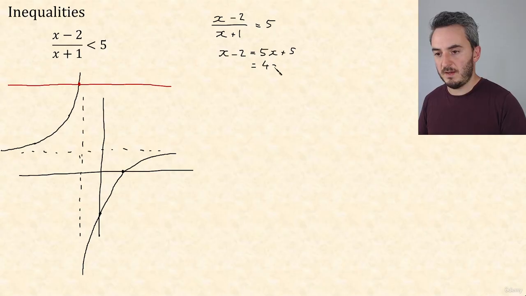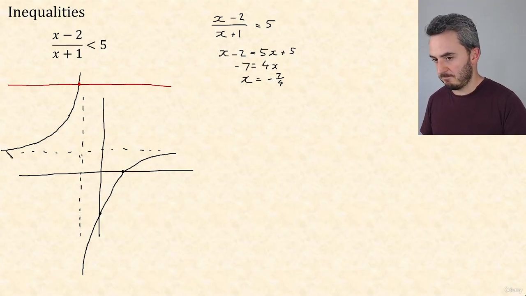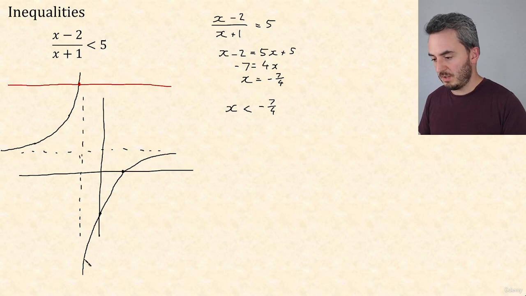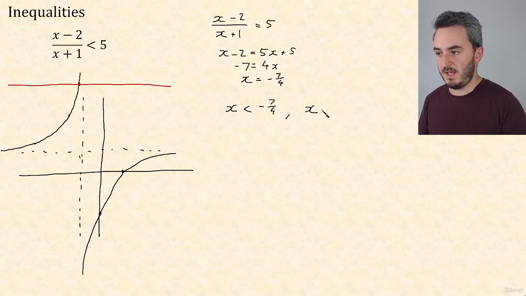And solving that, we get 4x is minus 7, and x is minus 7 over 4. So we can see that this inequality is true when x is less than minus 7 over 4, but also over here. This whole region to the right of the vertical asymptote is all less than 5 as well. So it's that bit, and it's x greater than minus 1.